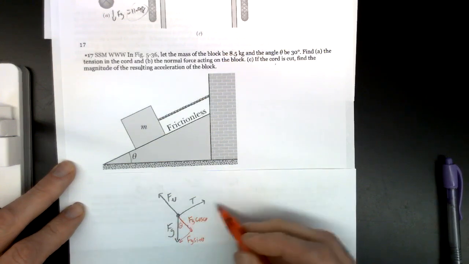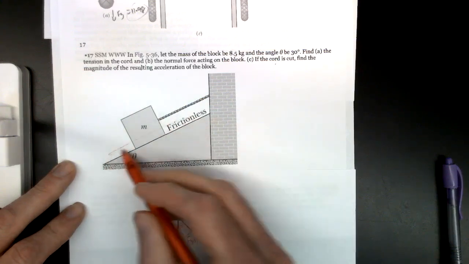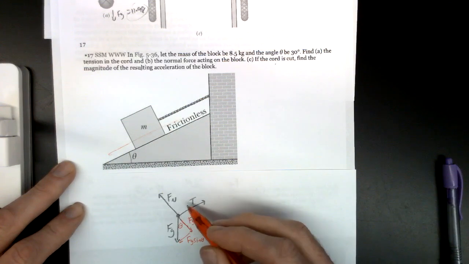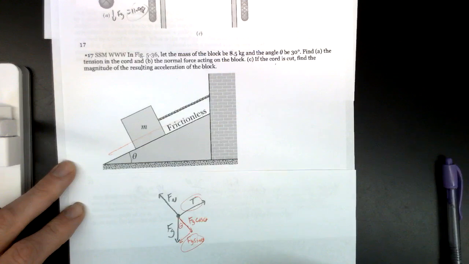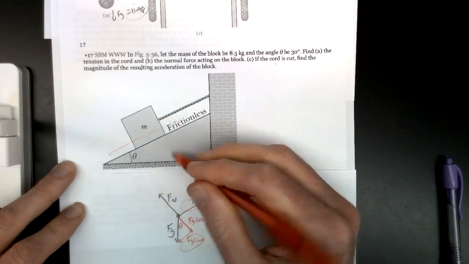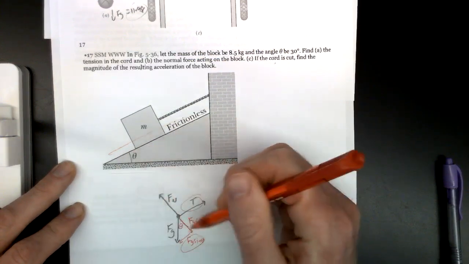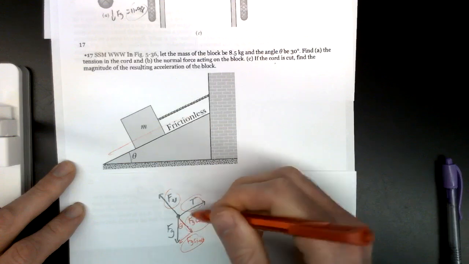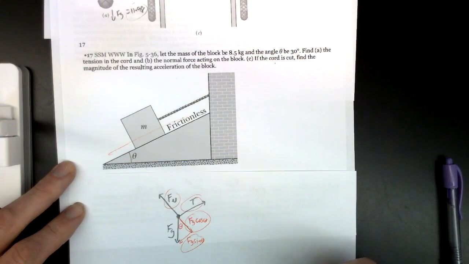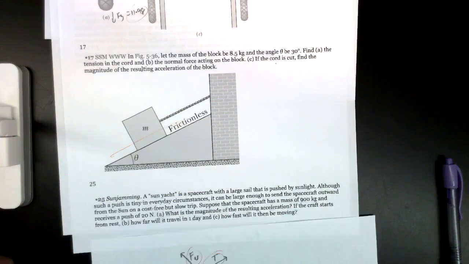In the direction perpendicular to the ramp, it's all balanced, so this is going to equal that. In the side to side direction, this is going to equal that. And then if the cord is cut, I just have this as my force that's going to be accelerating the object down the ramp. Once again, I don't want to do the whole problem for you, but I just want to set it up a little bit.